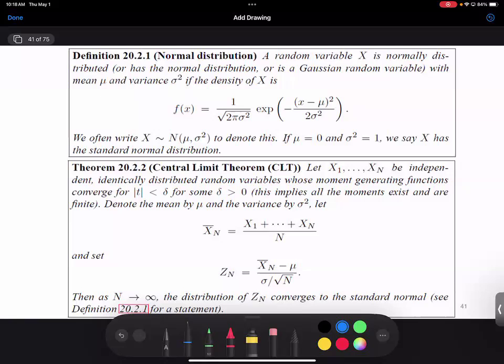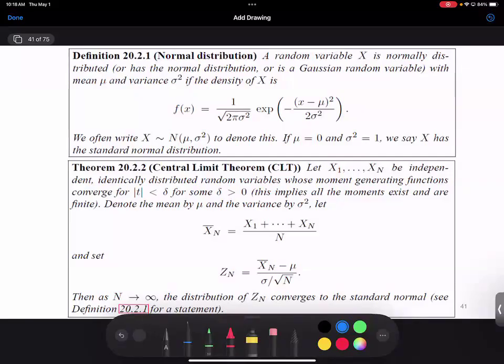And in the central limit theorem, and that's what we're going to try to prove today, let's assume we have n independent, identically distributed random variables whose moment generating functions converge in some neighborhood of 0. So I can go from minus delta to delta, and everything exists. I'll denote by mu and sigma squared the mean and the variance of the x's. We're going to look at the sample mean, X n bar. So we're going to add up the x's and divide by n.